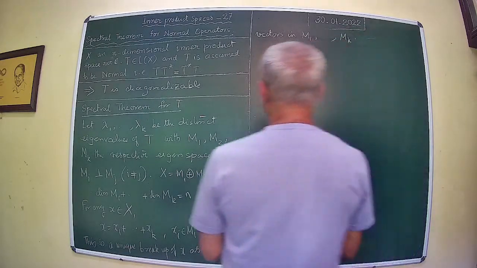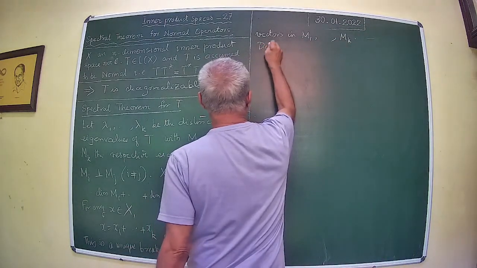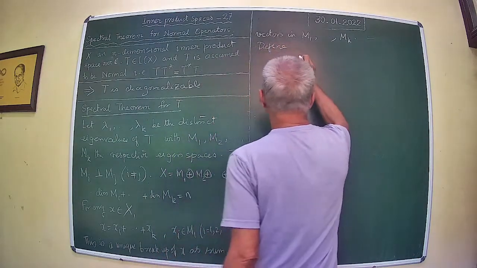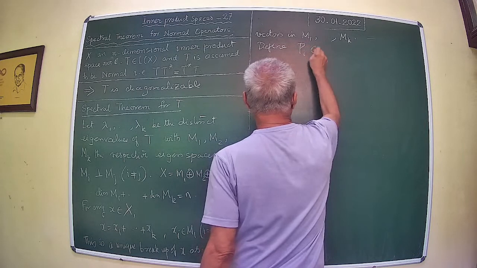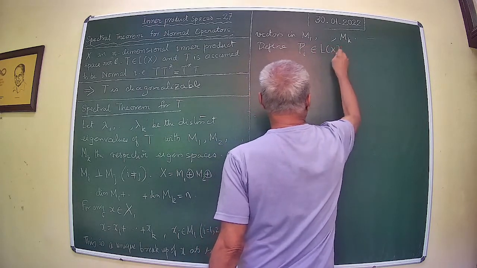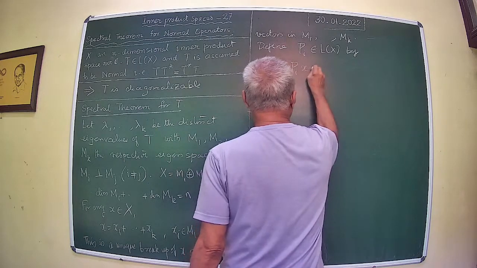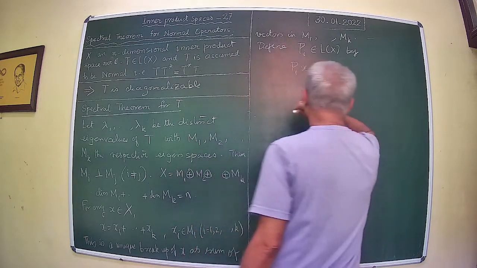So what we can do is define Pi x equal to xi.